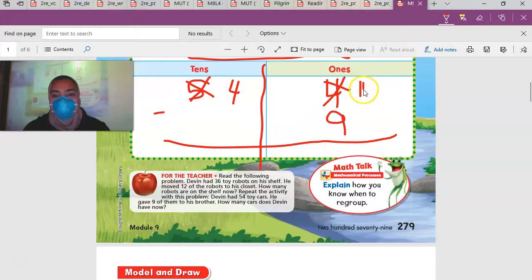Very good. Now, what's 14 minus 9? 5. Very good. What's 4 take away nothing? 4. Just bring it down. So what's your answer? 45. Box it.